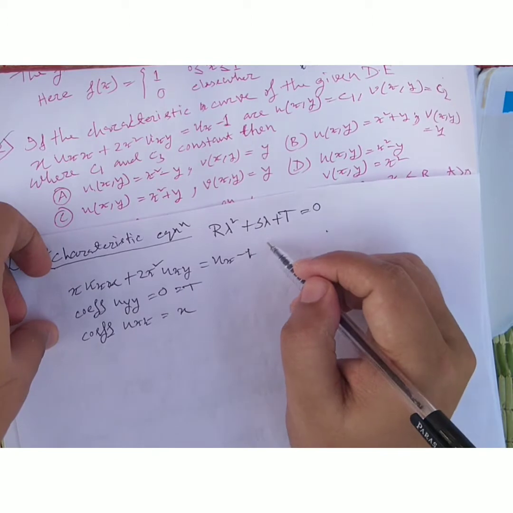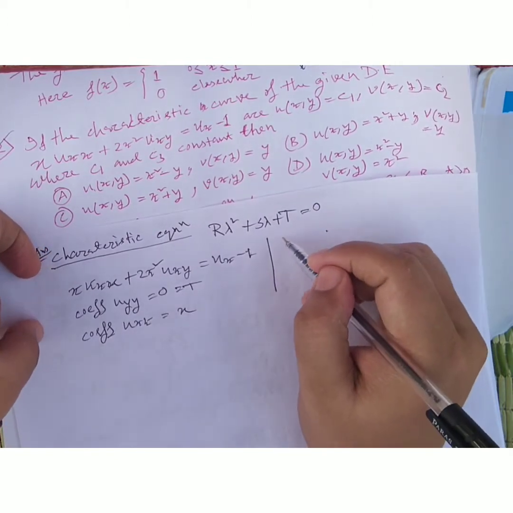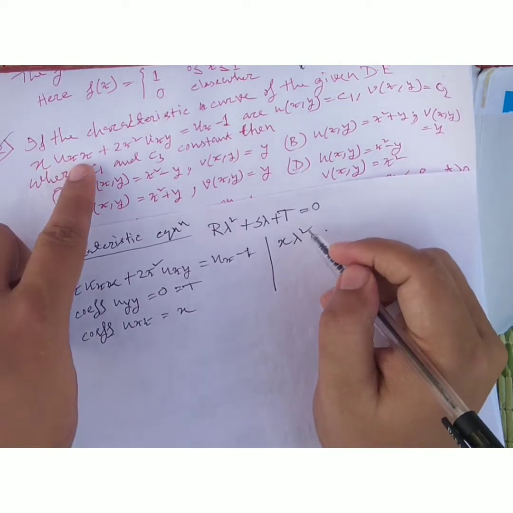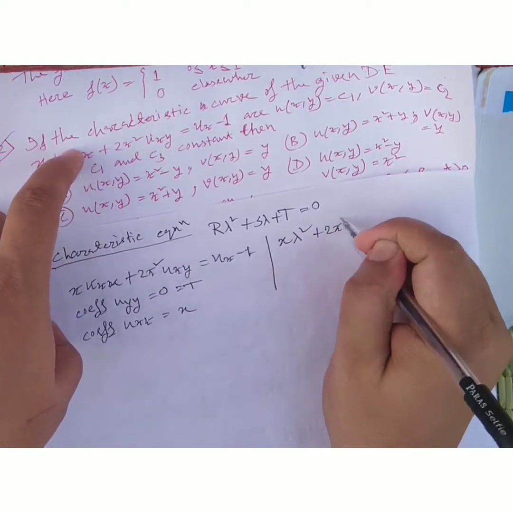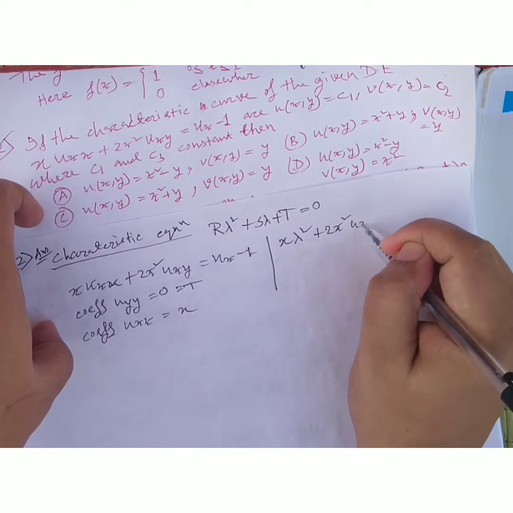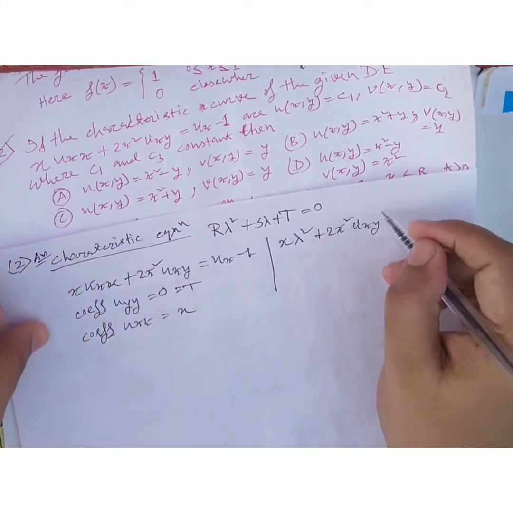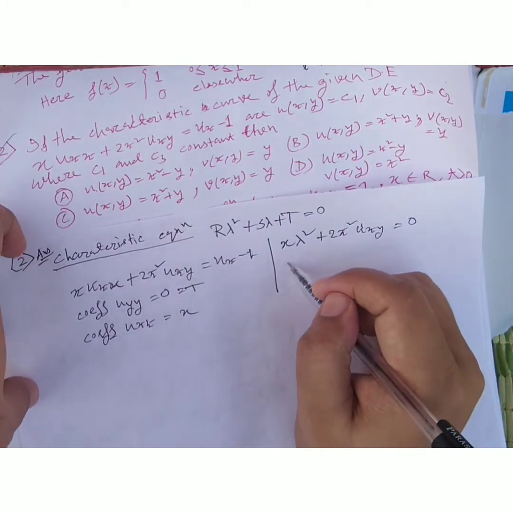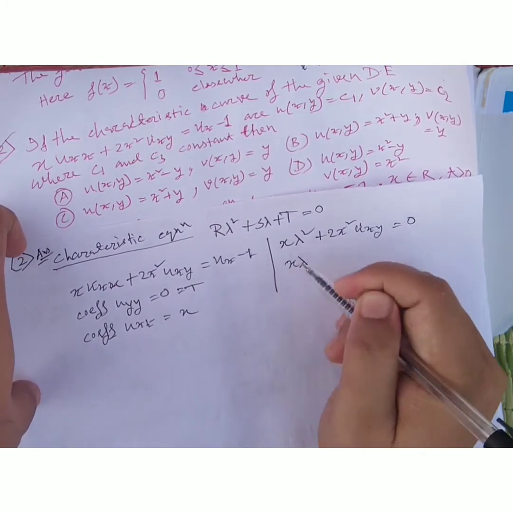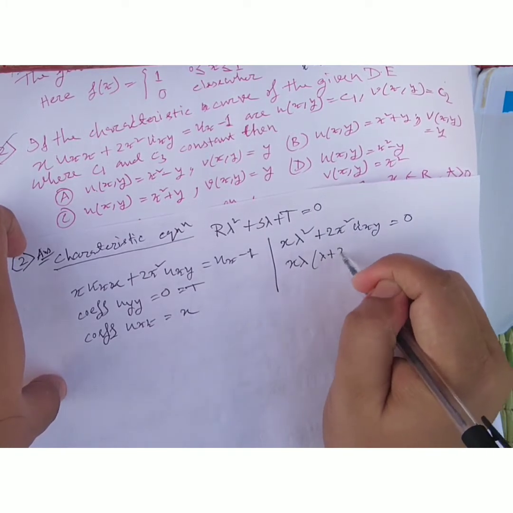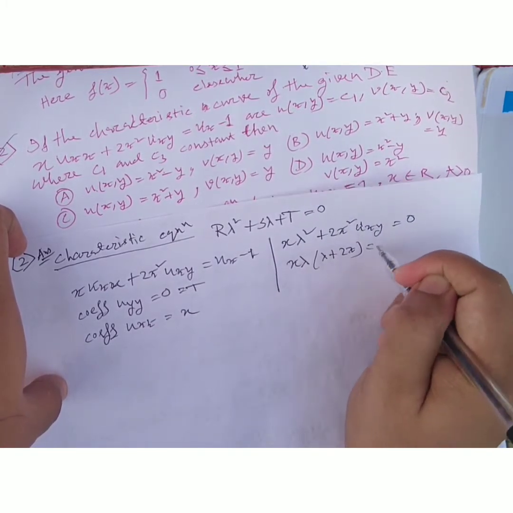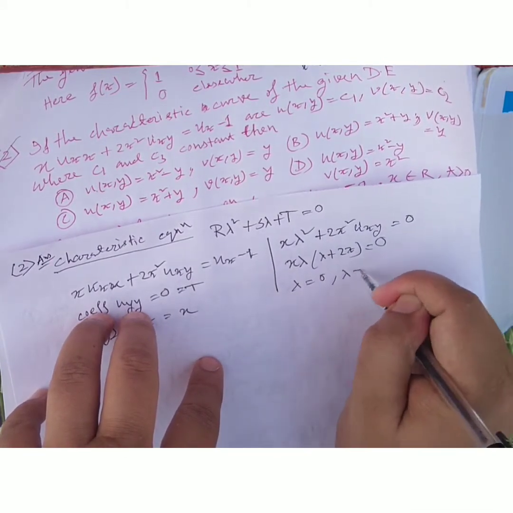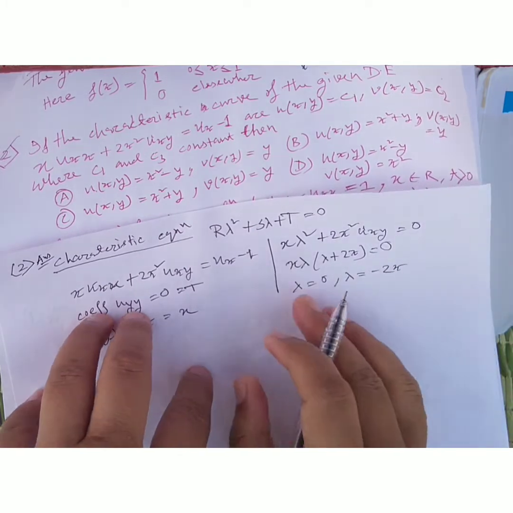So r means x lambda square, s means 2x square lambda is equal to 0, and after that you can get x lambda into lambda plus 2x is equal to 0, and lambda is equal to 0 and lambda is equal to minus 2x.